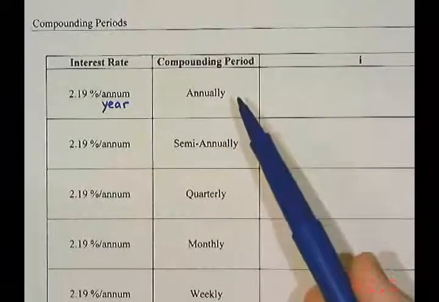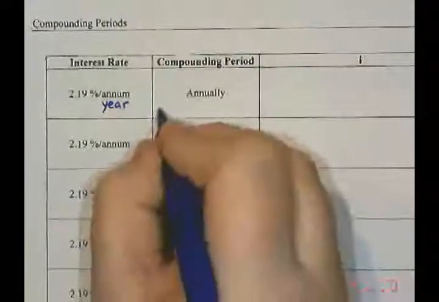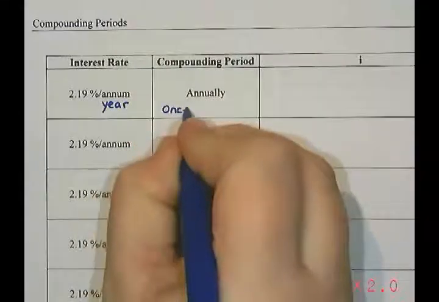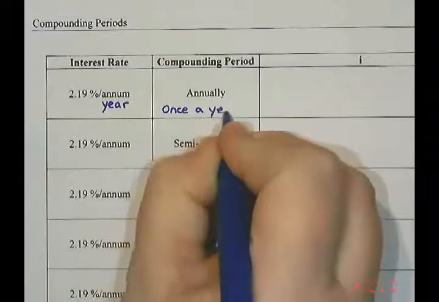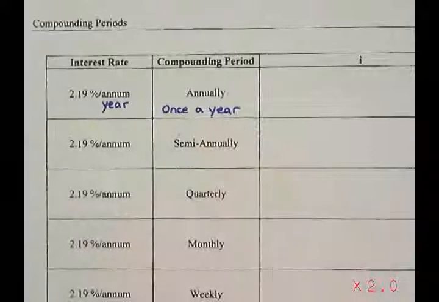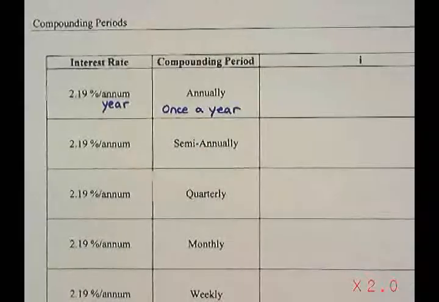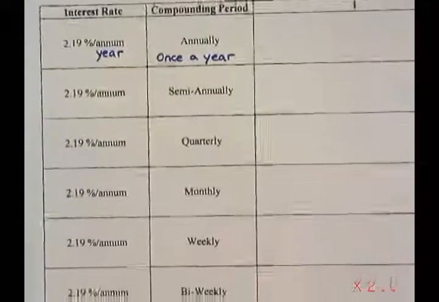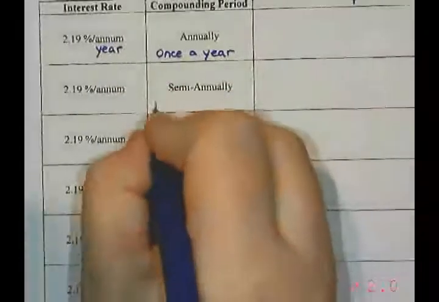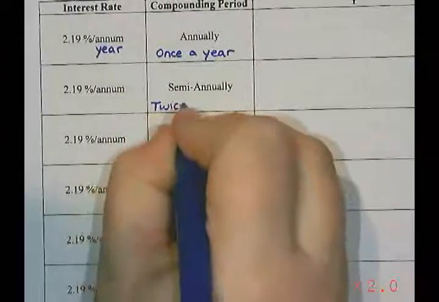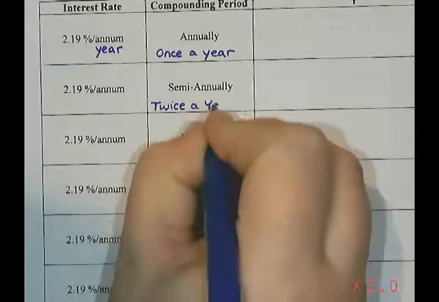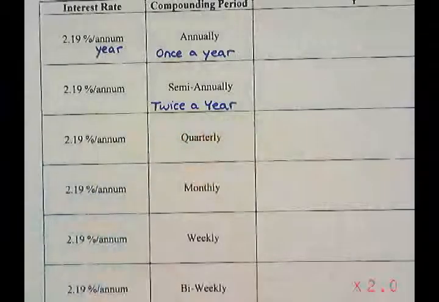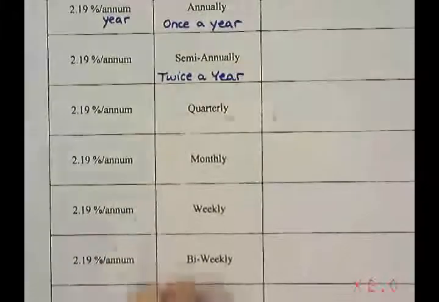So if it's being done annually, that's once a year. Now, semi-annually, semi usually means 2, so we've got 2 times a year. Quarterly, that means 4 times a year.